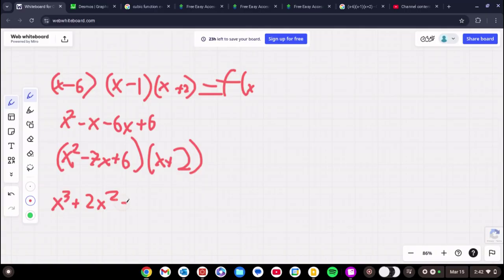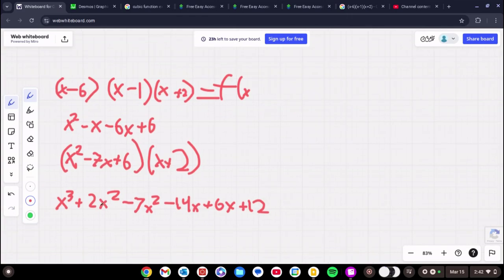Then I'm going to move on to minus 7x, where minus 7x times x equals minus 7x squared. And then minus 7x times 2 is going to equal minus 14x. And then positive 6 times x equals positive 6x. Then positive 6 times positive 2 equals 12. So now we have this big ugly equation right here.